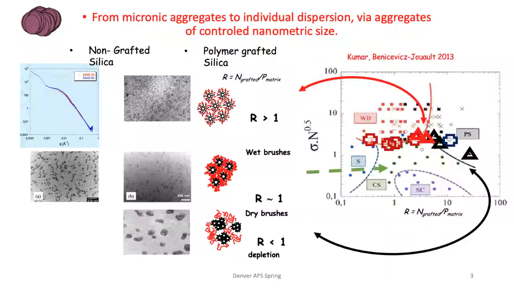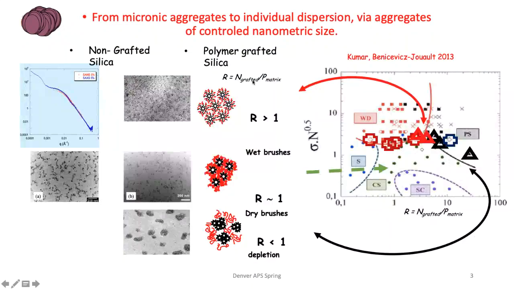In the non-grafted case we had a rather satisfying dispersion as small clusters, and meanwhile when grafting the nanoparticles, we can vary between a well-dispersed case here, where all the particles are individual, to a very phase-separated case, via some well-dispersed clusters.